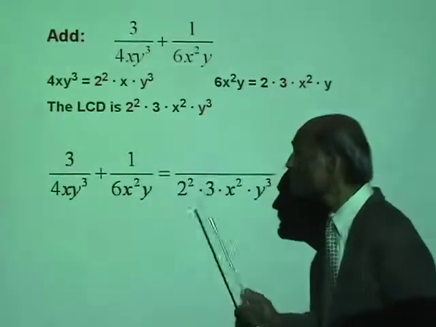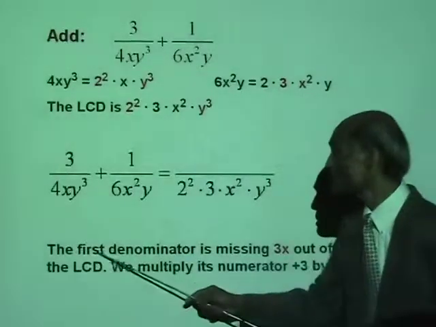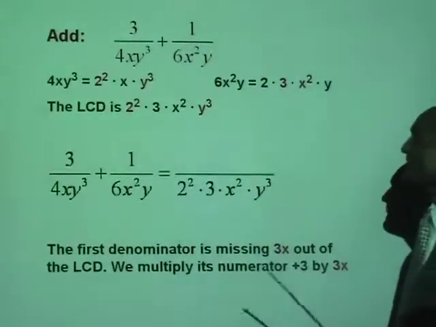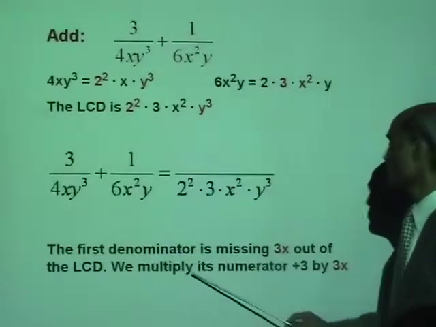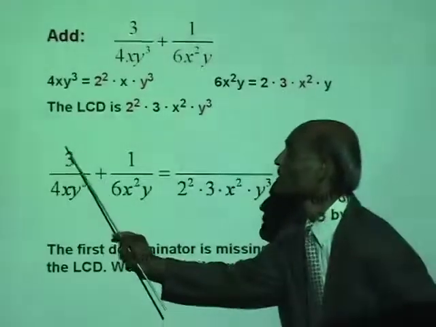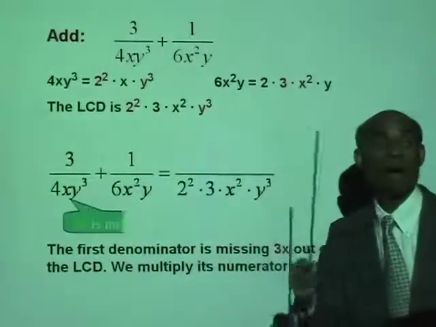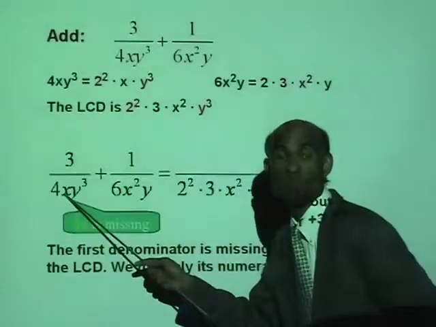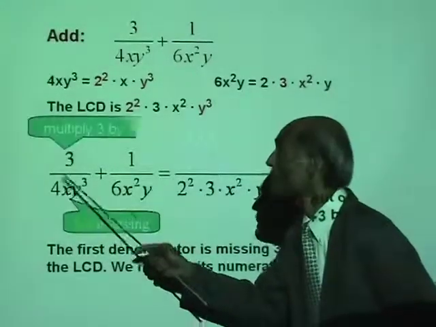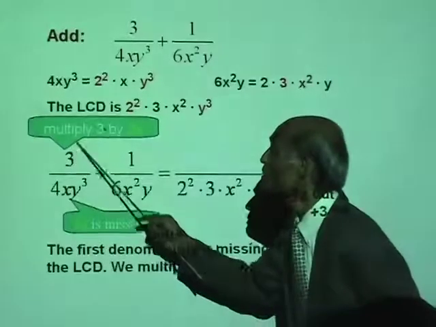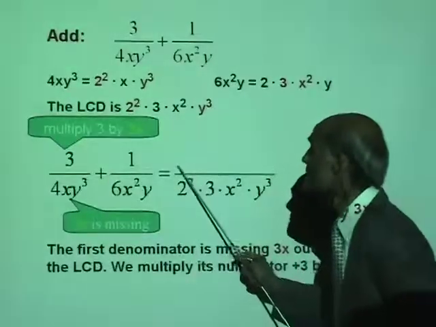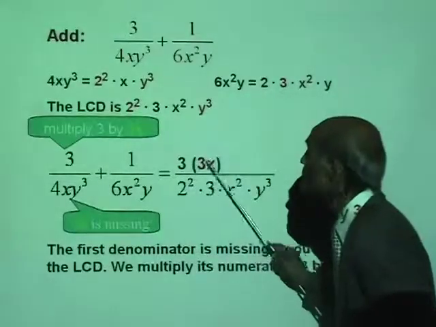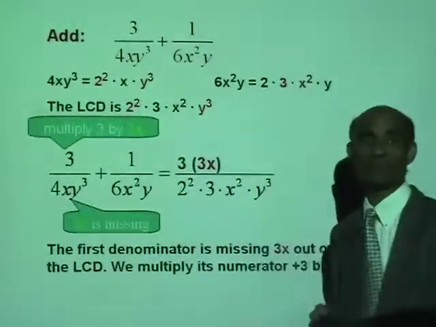It is a 3x. The first denominator is missing a 3x out of the LCD. So we multiply this numerator by that 3x. So 3x is missing here. I hope you can understand that. That means we multiply this 3 by that 3x and write it here. This 3 times the missing factor 3x.